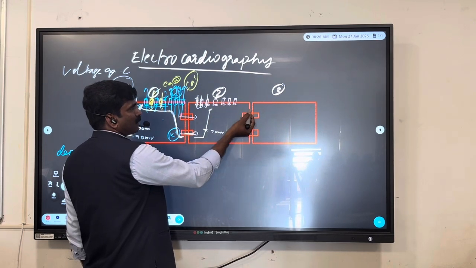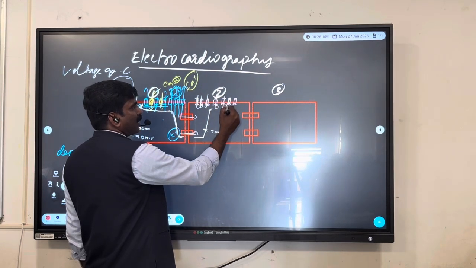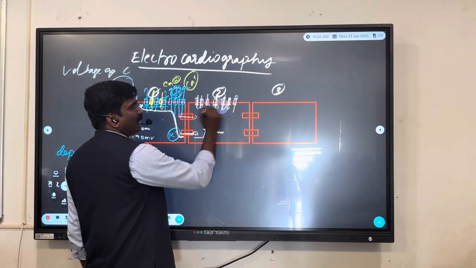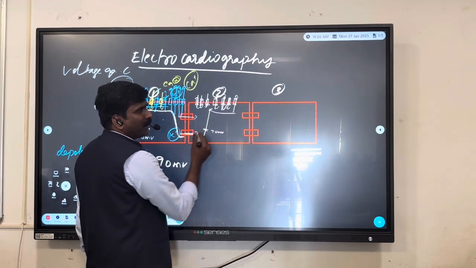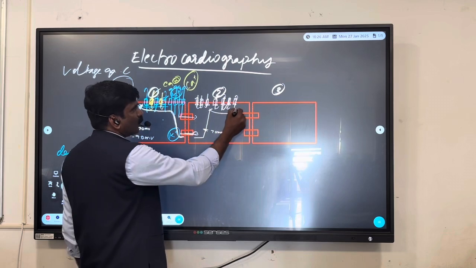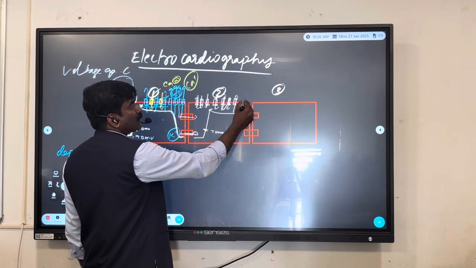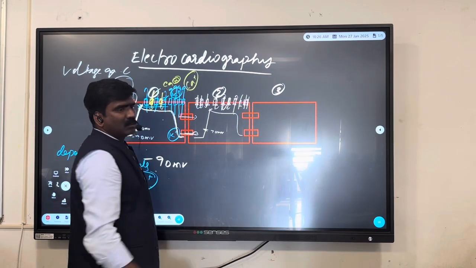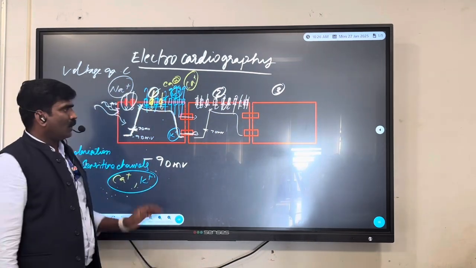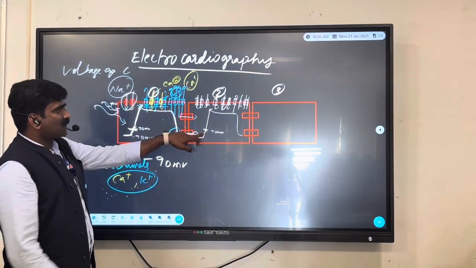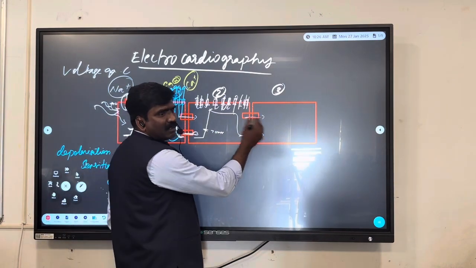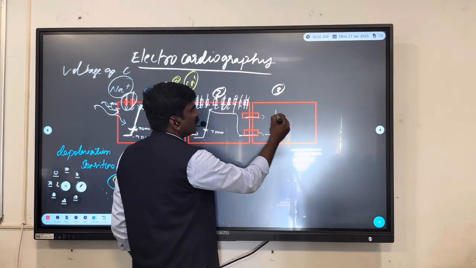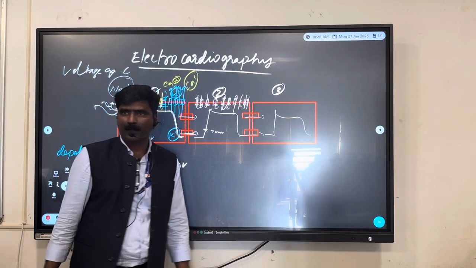Calcium channels and potassium channels. Calcium came in and potassium went out. For a period of time again, net potential is zero, and more potassium channels open. So it comes back to repolarization. So when this cell was stimulated, again some sodium entered here. Same thing happened here also.